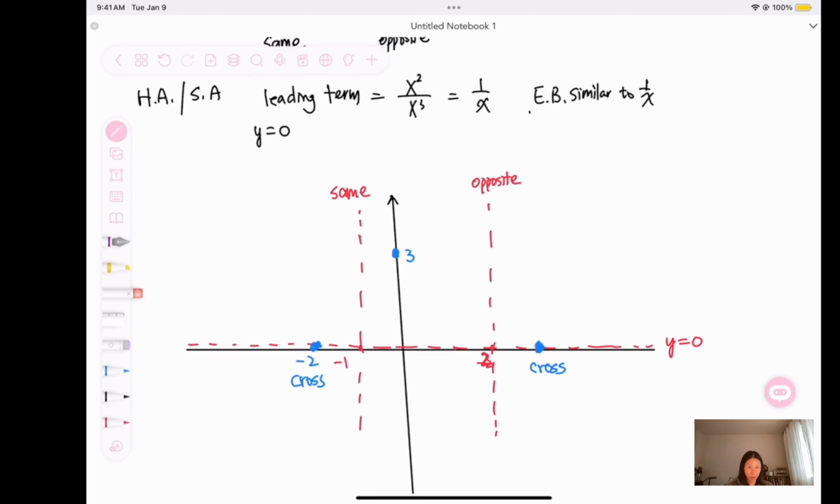Another way is to check all of the evidence on the graph. This part doesn't have an x-intercept, so the graph is not going to pass this line, so there's no way this is going to be a cross or a bounce because the intercept doesn't exist. We can just make one up here.